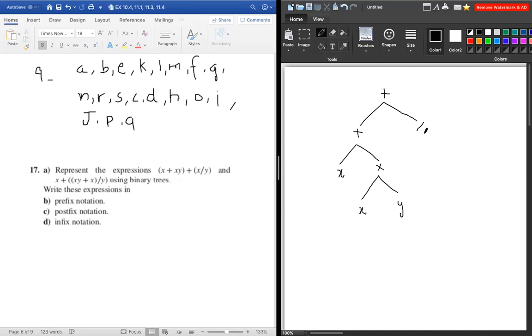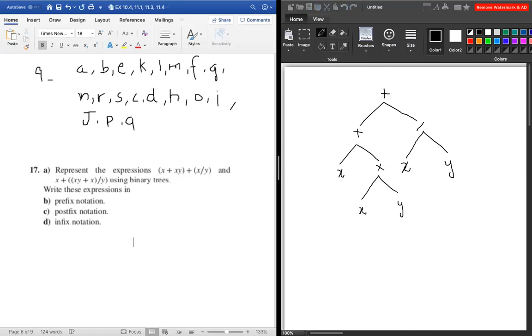Now for this one, we will have the division. We have x and y, we have this x, and then we have this y here. Okay, so we have the binary tree representation of x plus xy plus x divided by y.